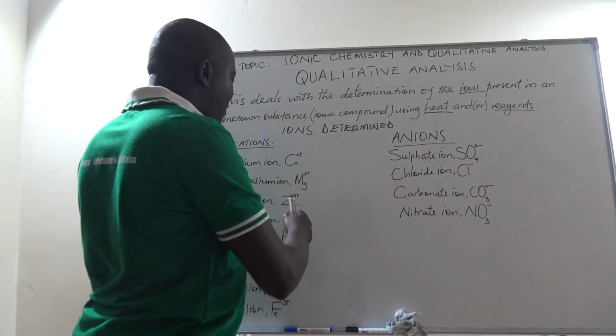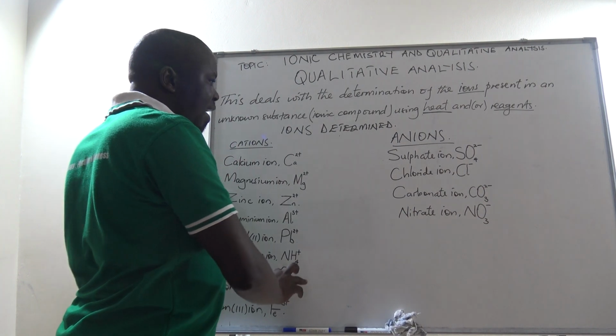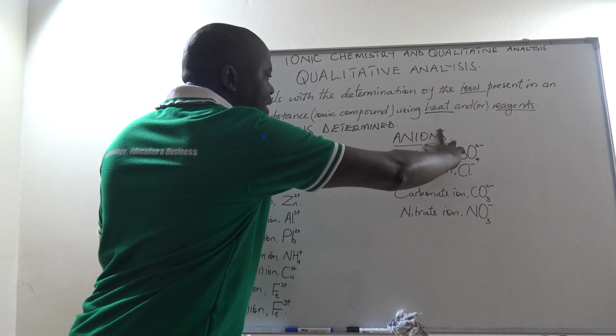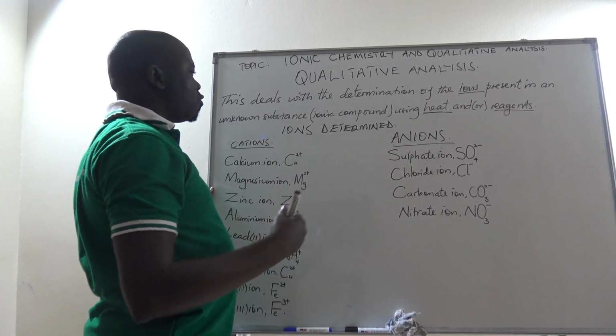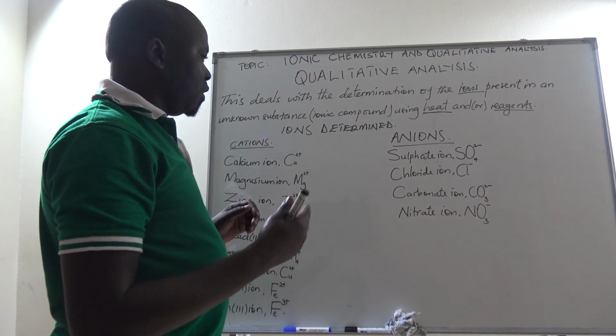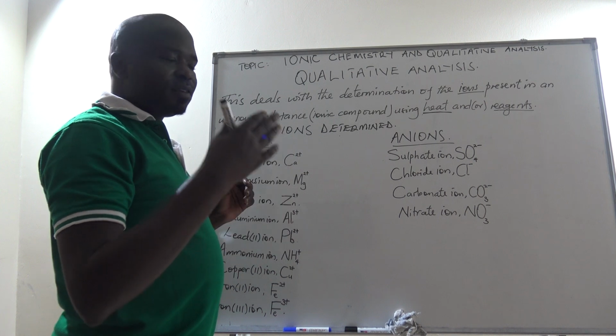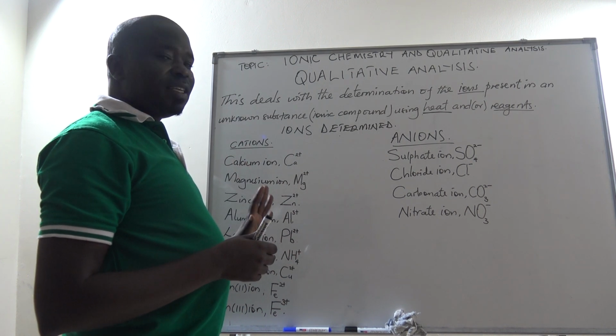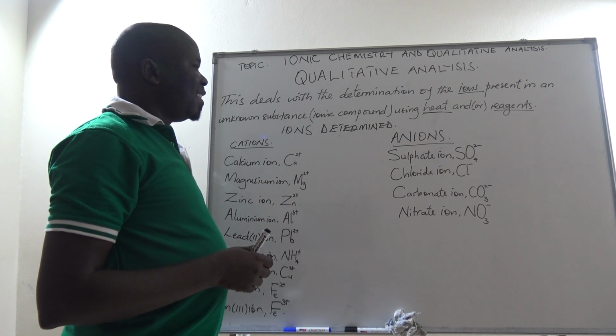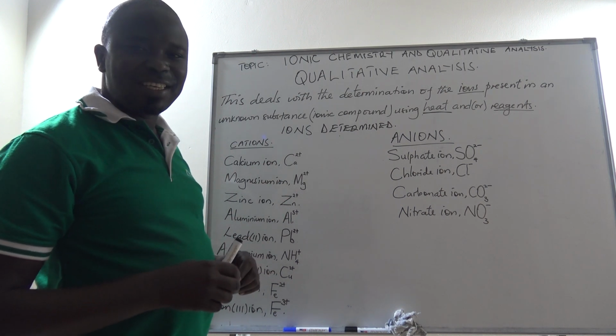Calcium sulfate is an inorganic salt. Any one of these cations joined together or bonded to any one of these anions here forms what we call an ionic salt in this case, or an inorganic salt. And they are the ones we deal with in qualitative analysis at ordinary level. So that's what we call qualitative analysis.